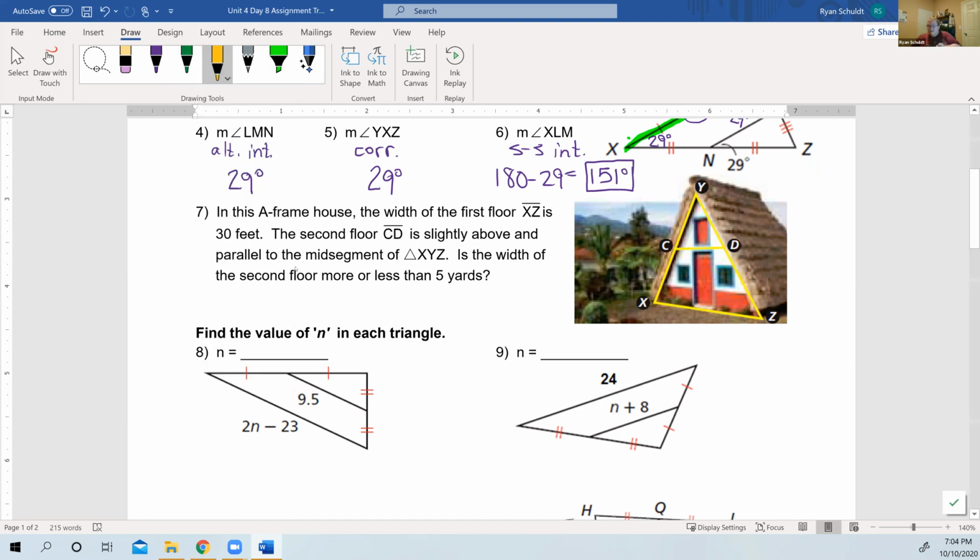There we go. Okay, so that floor is 30 feet. The second floor, which is CD, is slightly above and parallel to the midsegment. So if I had to guess, I bet you the midsegment comes right about there, just above CD.